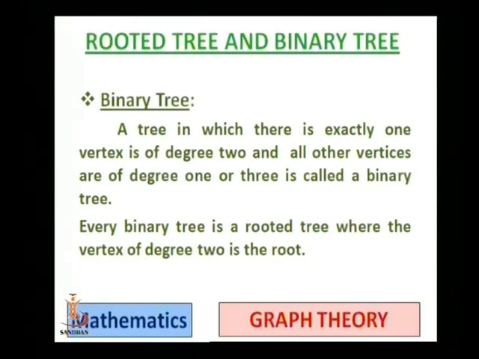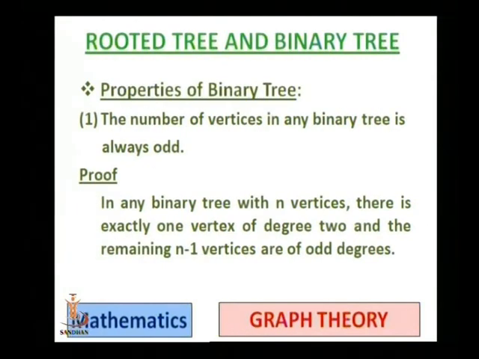So there will be one vertex of even degree and other vertices of odd degree. This fact will shed light on two different properties of the binary tree that we will see one by one. Especially, as I told you, every binary tree is a rooted tree where the vertex of degree 2 is called the root of this binary tree.